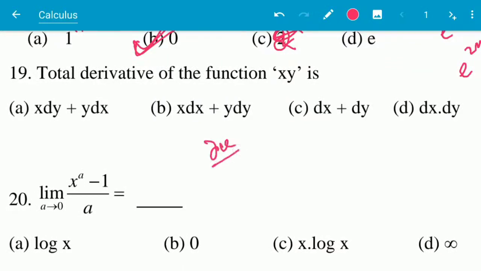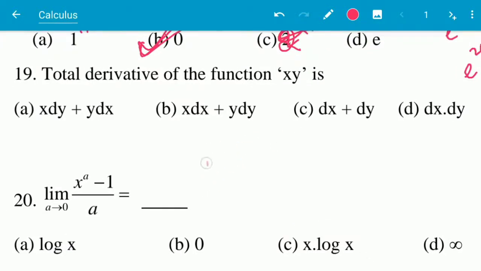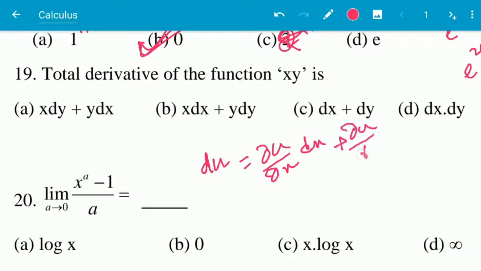Total derivative, or total differential, is du is equal to del u by del x dx plus del u by del y dy.